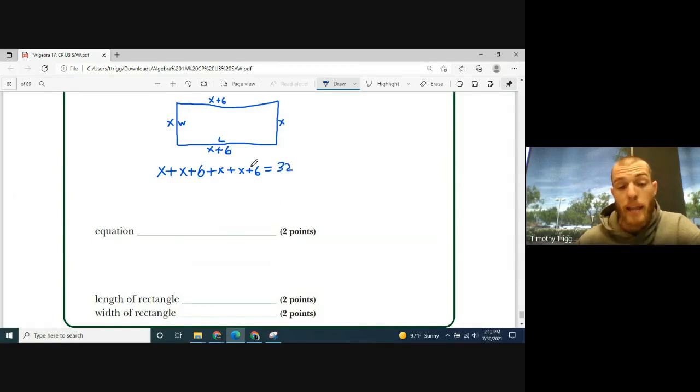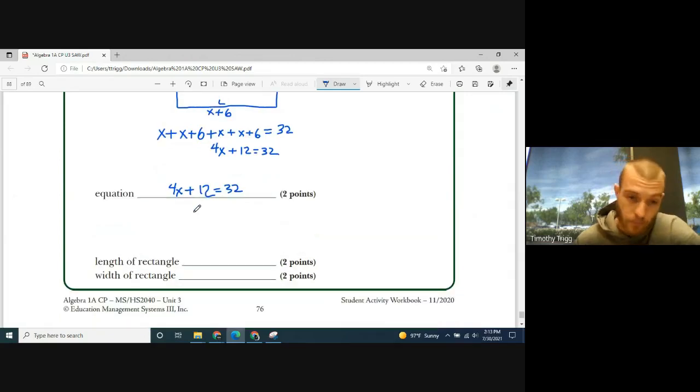Now we can combine like terms over here on the left side. So we have 4x's plus 12, adding those 6's together, equals 32. So for our equation, let's go ahead and put that as our equation. So 4x plus 12 equals 32. Now we want to go ahead and solve for x here.